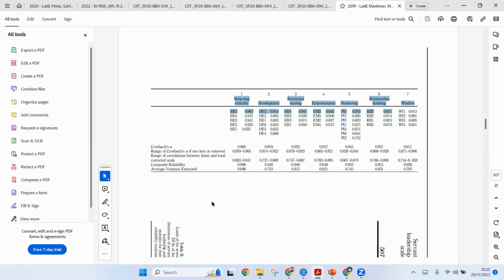Another way is that you look into existing research and see the scale where it has been used previously, and see if they have used it as reflective or formative. Now, I read somewhere, and it was an authentic source, I'm sorry I didn't keep the source, but I know I read it somewhere, that most of the time your higher orders are formative, because they come together, they combine to form the construct.